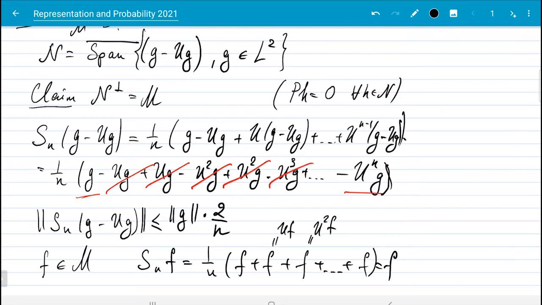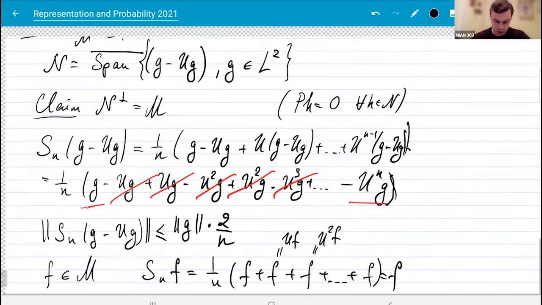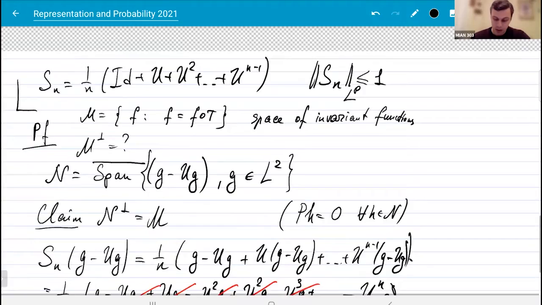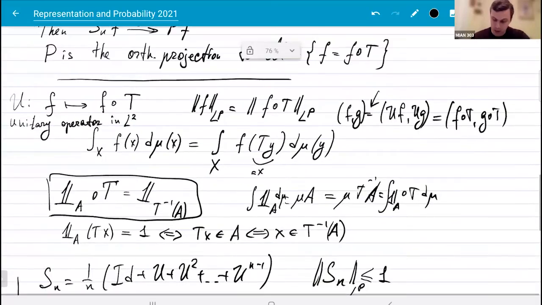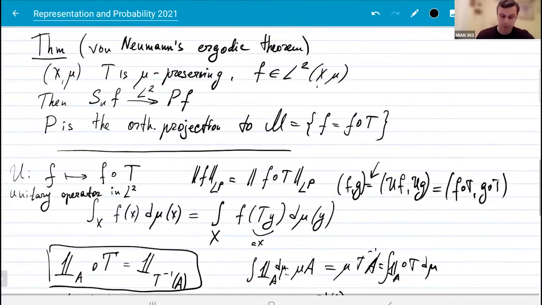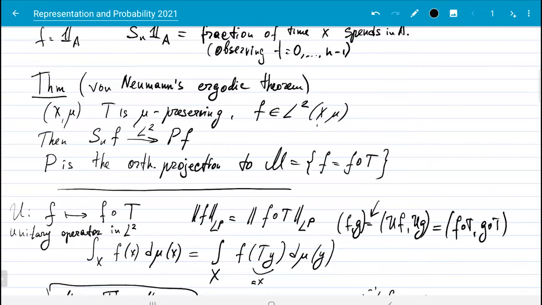Sorry, I lost the point. What are we trying to cover? Well, what do we want to prove? So let us revisit it again. We want to prove this. So we want to prove it for f belonging to L2.